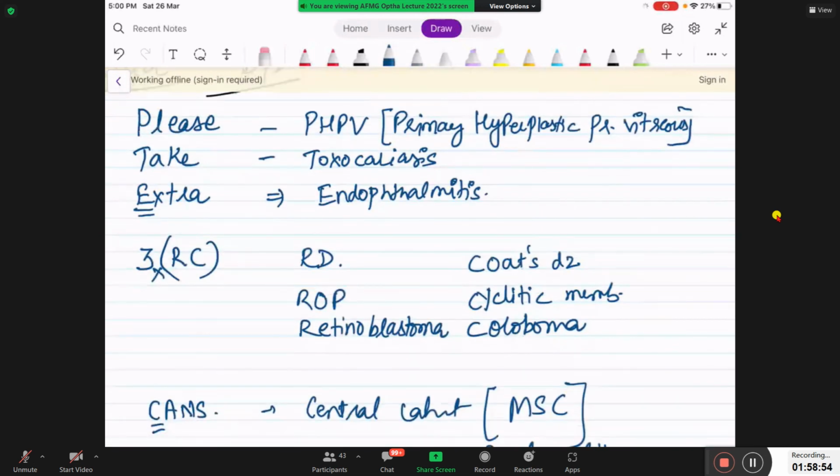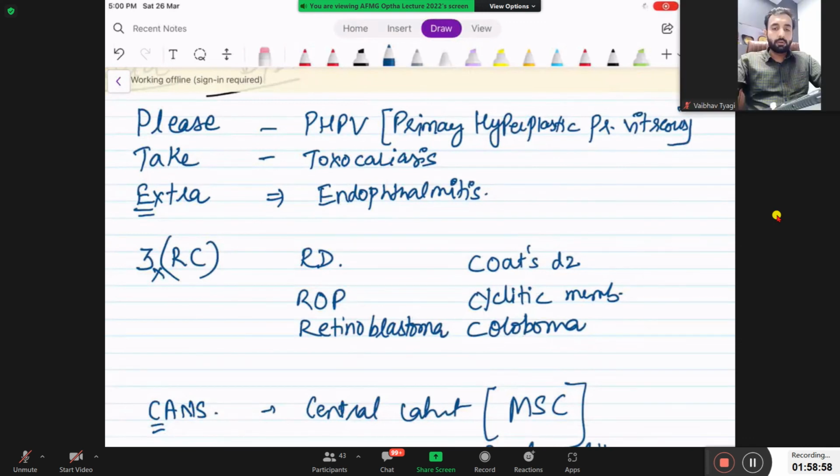So these are the differential diagnosis of leukocoria. Please take extra 3 RC CANS.